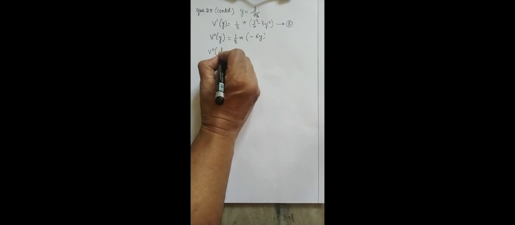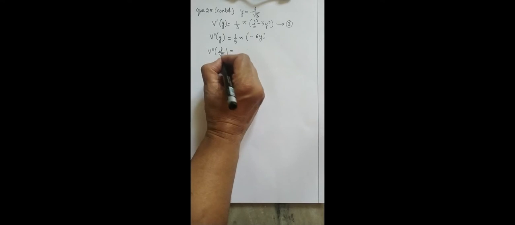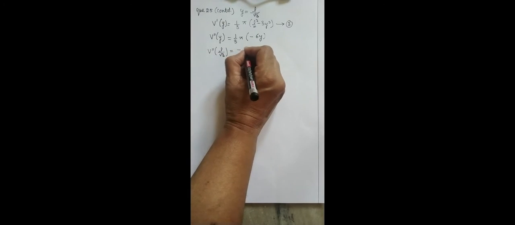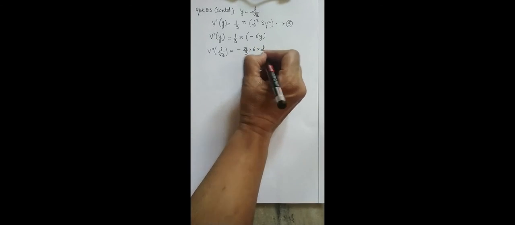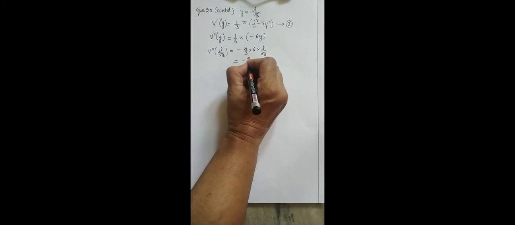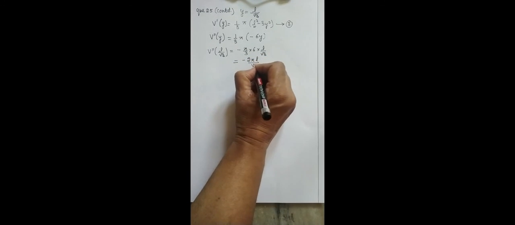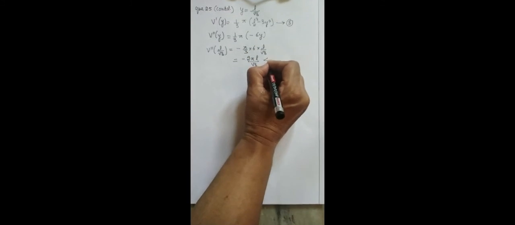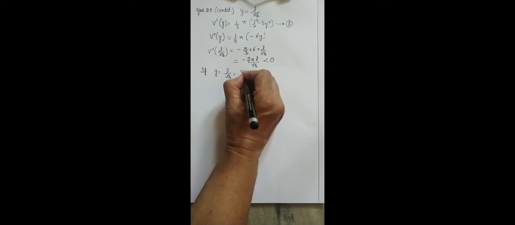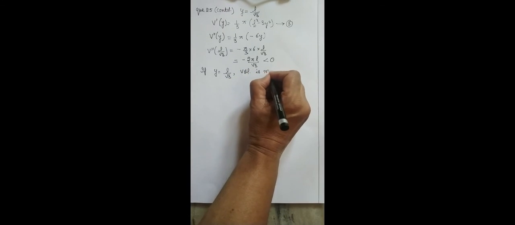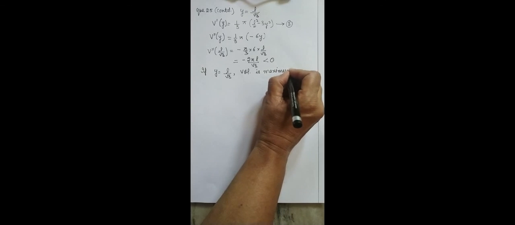Finding the derivative at y equal to L upon square root 3, it is minus pi by 3 into 6, and the value of y is L upon root 3, which gives minus 2 pi L upon root 3. 6 divided by 3 is 2, and this is a negative quantity. Which shows that if y is equal to L upon root 3, the volume of the cone is maximum by the second derivative test.